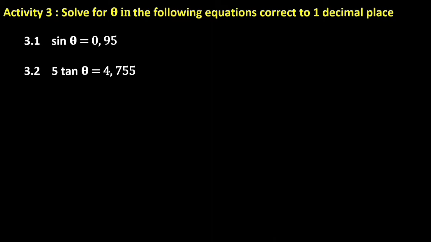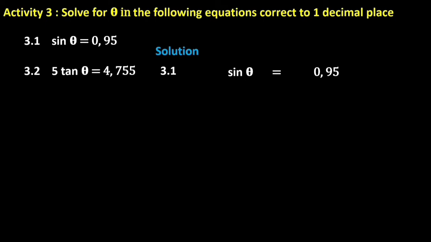Okay, let's go. For 3.1, we've got the sine of theta equals 0.95. What we want to do is to get rid of the sine function on the left hand side and remain with theta. How do we do that? Well, if we use the arc sine, the inverse of the sine function, we can multiply that with the sine function and get 1.